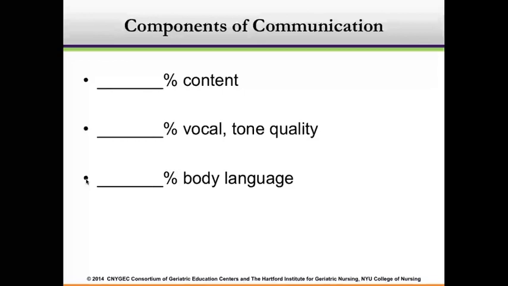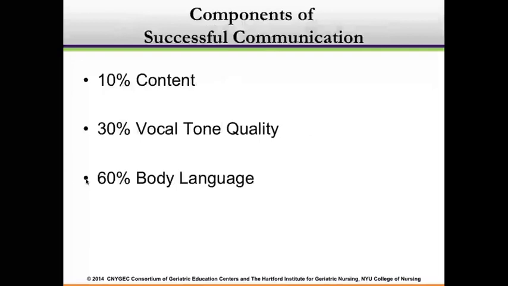Well, now you'll see if you've guessed correctly. Well, body language and vocal tone quality create 90% of a conversation, with the content that you want to impart only 10%. Before anybody even says a word, their body language will tell you a lot. Are they angry? Are they bored? Are they diffident?